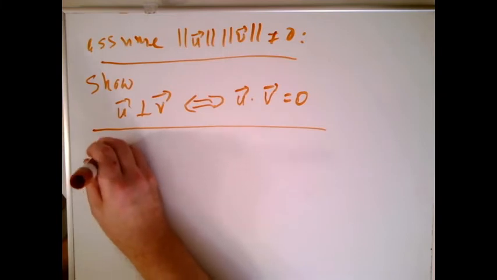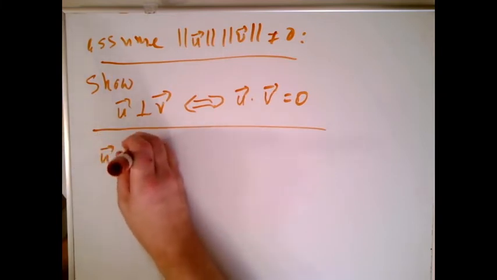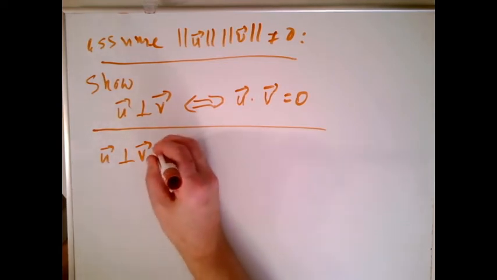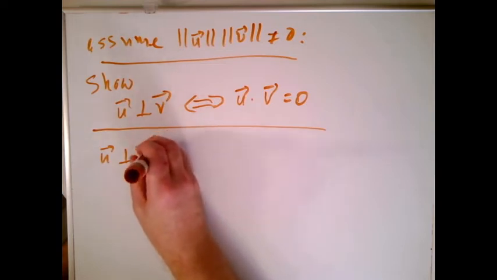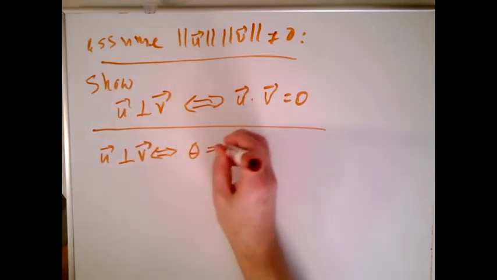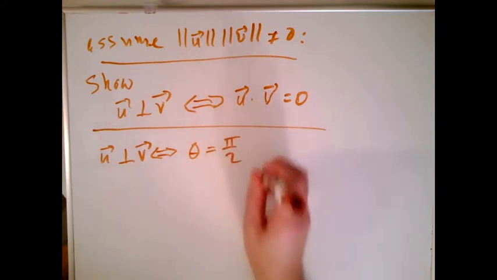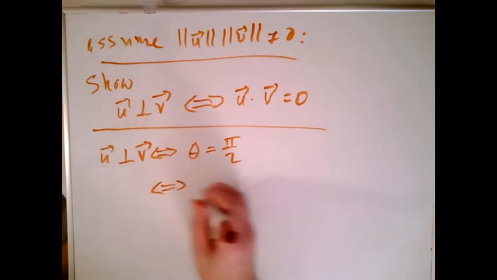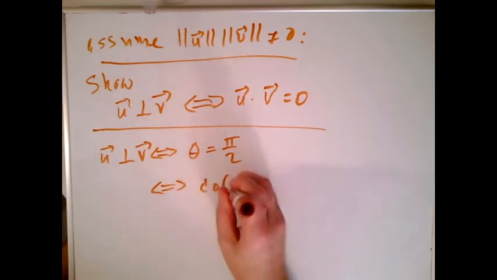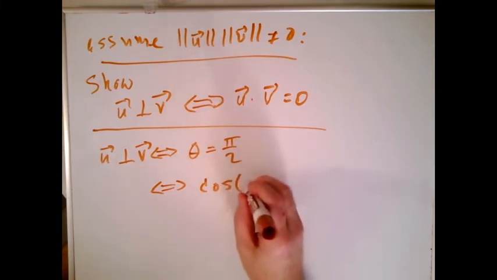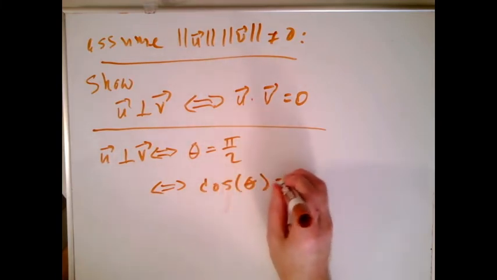So let's write down u is perpendicular to v. We're going to use the trig definition of perpendicular, right? This is going to be if and only if the smallest angle between them is 90 degrees. That's if and only if the cosine of the smallest angle between them is 0.